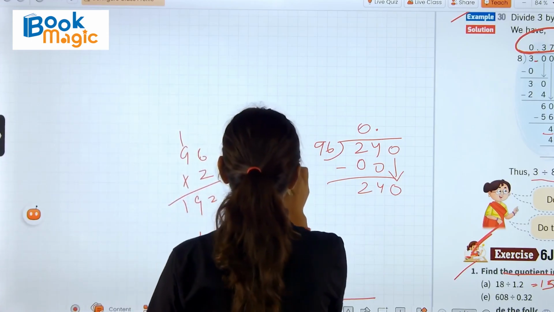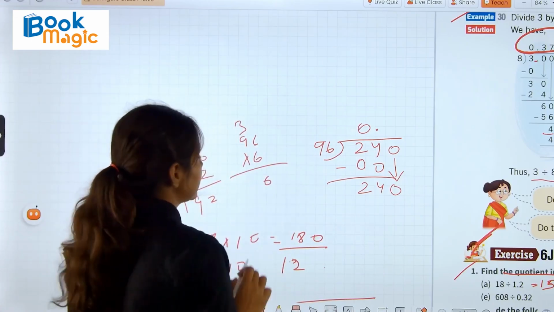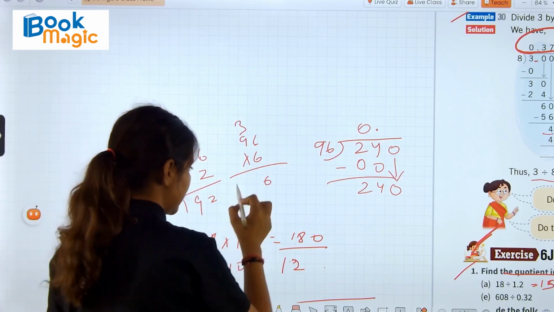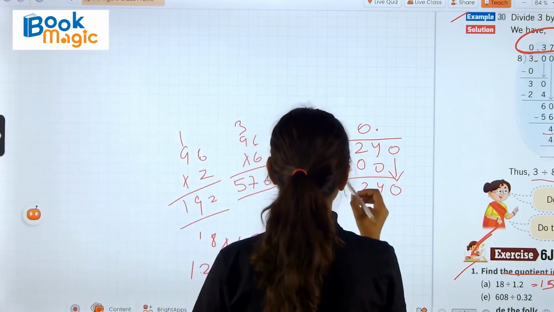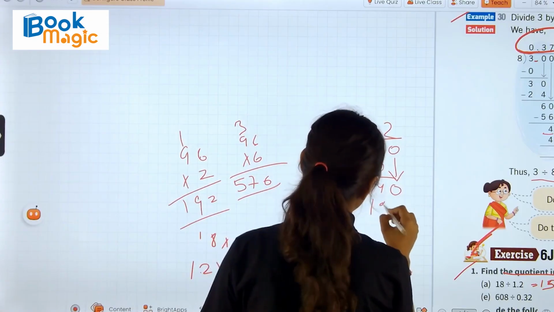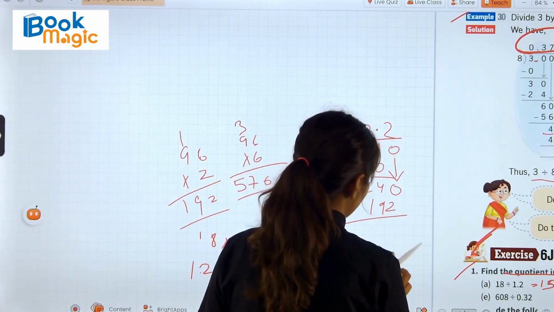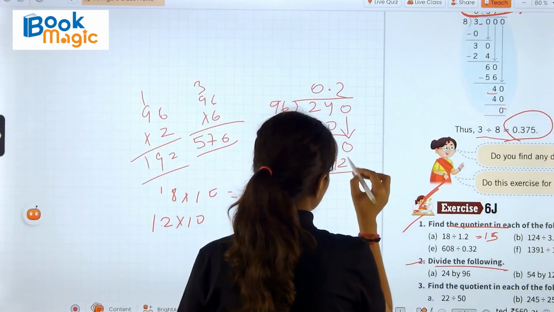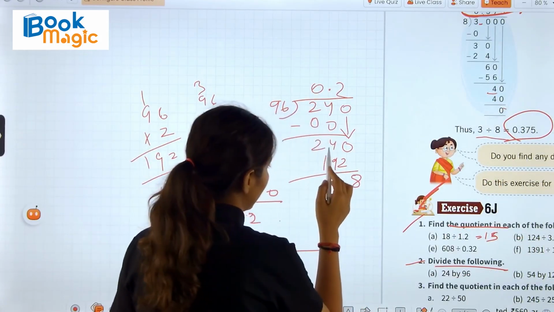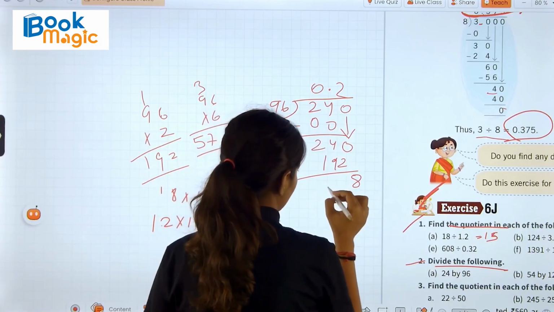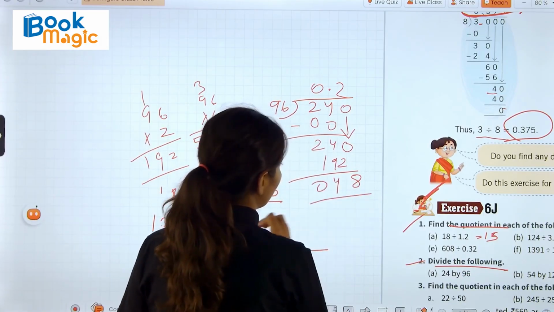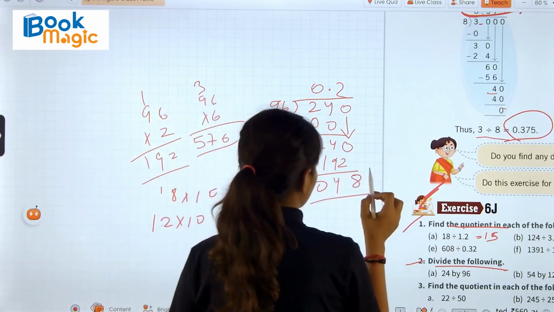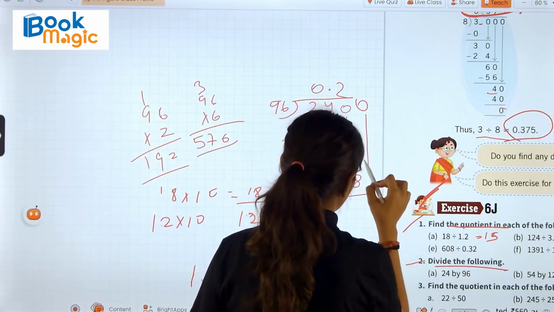6 twos are 12, 9 twos are 18 plus 1 is 19, that is 192. And 6 sixes are 36 and 6 nines are 54, 55, 56, 57. So this is a bigger number. So we will write here 96 into 2, that is 192. We are getting here 10 minus 2, that is 8, and 13 minus 9, that is 4. Okay, and then 1 minus 1 is 0. 48 is the remainder. Again, we can write here 0 and we can bring here 0.